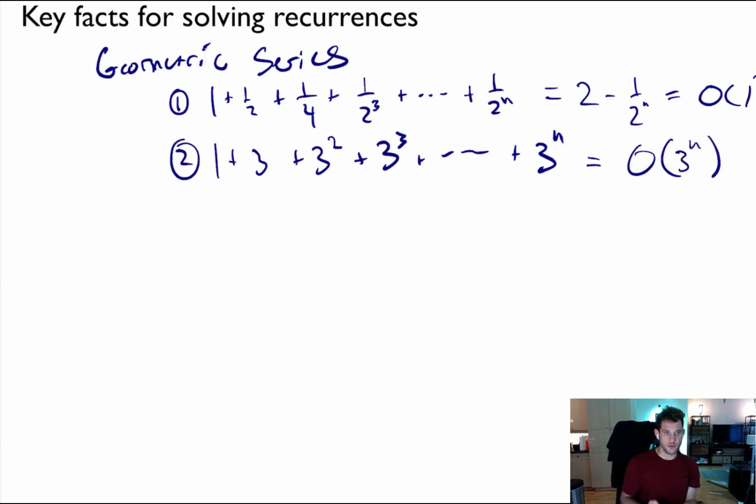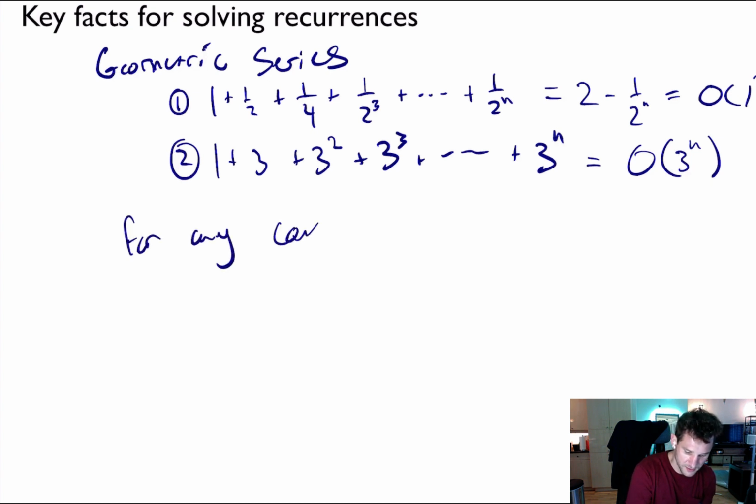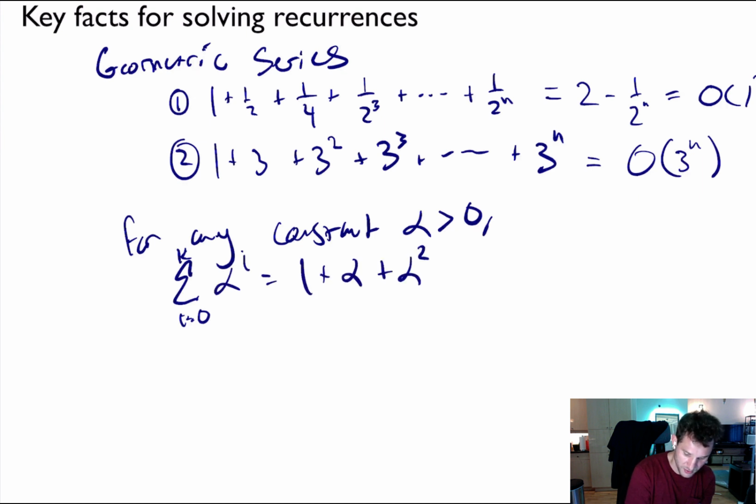So the key thing here is that for any constant alpha greater than 0, consider the sum from i equals 0 to k of alpha to the i, which equals 1 plus alpha plus alpha squared up to alpha to the k.